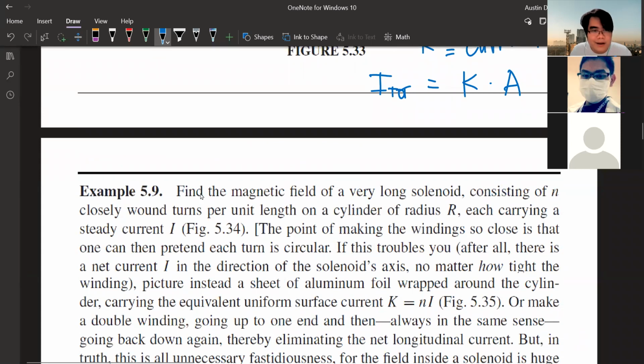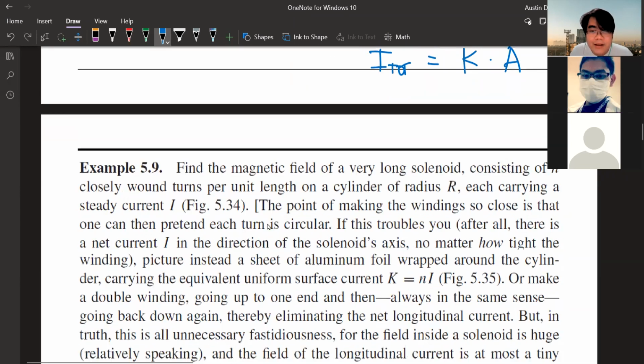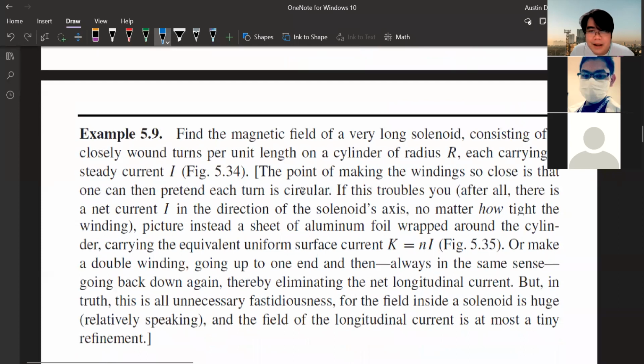Okay, so let's now try to find the magnetic field of a very, very long solenoid consisting of n closely wound turns per unit length on a cylinder of radius r, each carrying a steady current I. So, sinulat niya yung closely wound turns per unit length para pwede natin assume na circular yung each turn.